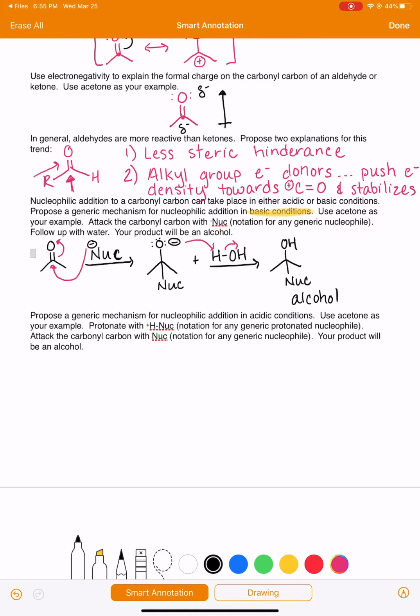There's a whole bunch of different nucleophiles that we can use to do this reaction. We're going to go through all of them in this chapter, as you can imagine. We're going to look at cyanide as a nucleophile for this reaction. We're going to look at R- as a nucleophile, and that's going to come from a Grignard.